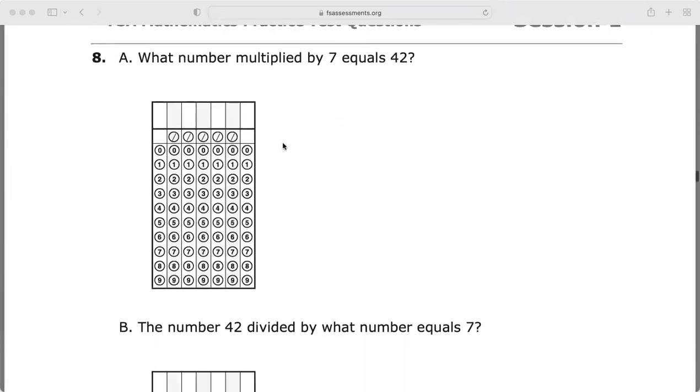Okay, what number multiplied by 7 equals 42? So I'm going to say 7n, what number is n, equals 42. Another way you could write this is 42 divided by 7 is what number?